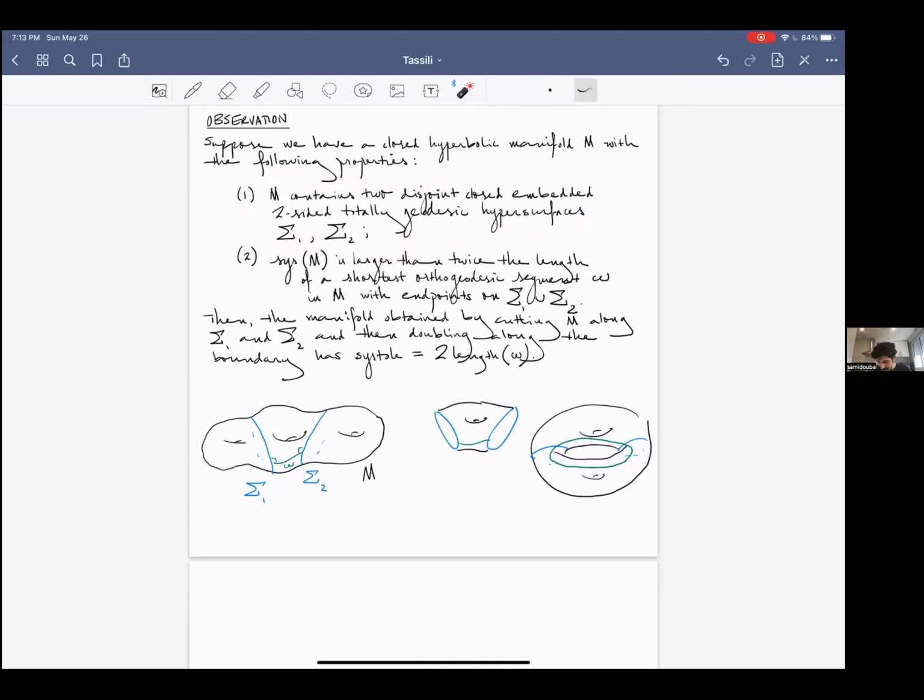And remember that we can make the systole as large as we like by passing to finite covers, right? So now the game is just to find manifolds.